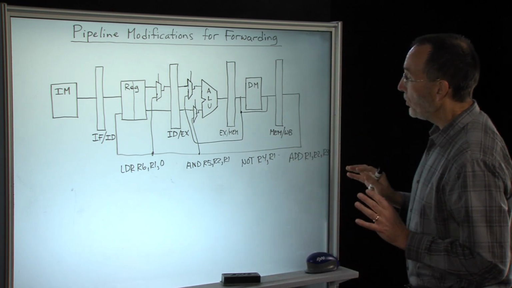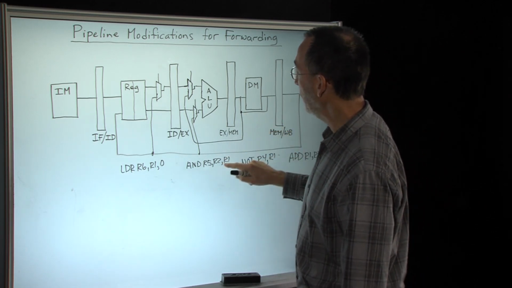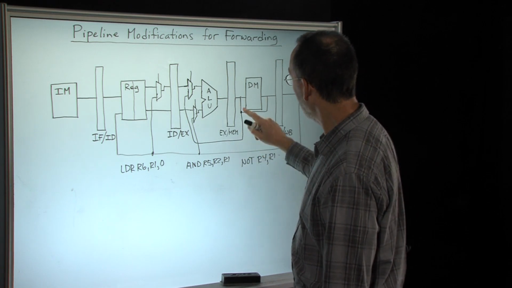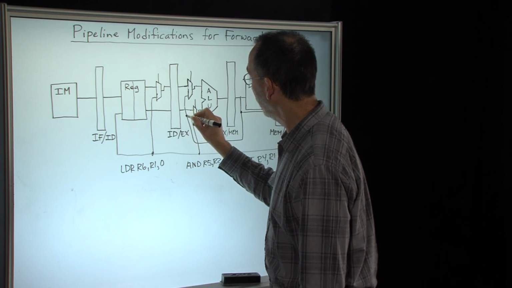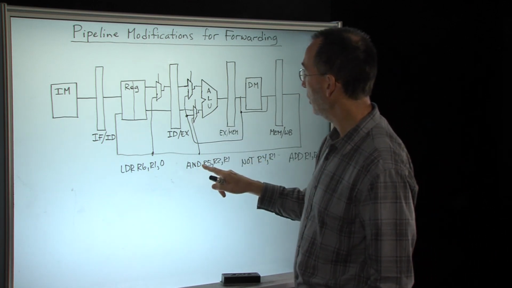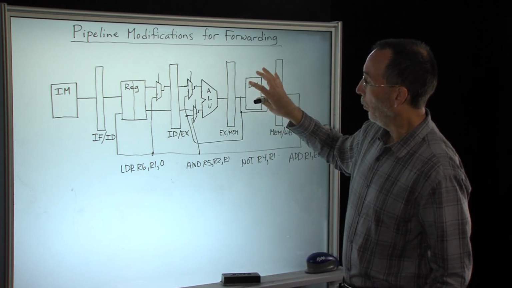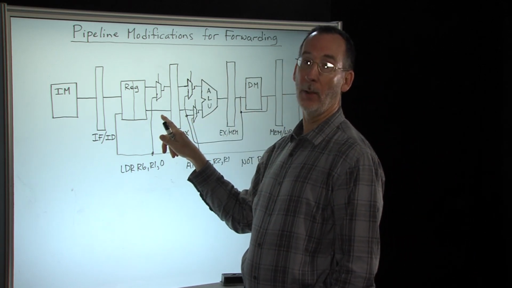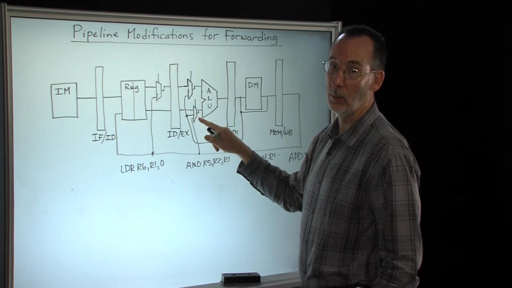Now, we may also need to forward from here, rather than only here. In addition to here, we also want to add some forwarding to this lower input, because we could have had an instruction here writing R1, and then this instruction read R1 as its second source value. In that case, we need to forward R1 to the bottom input of the ALU.